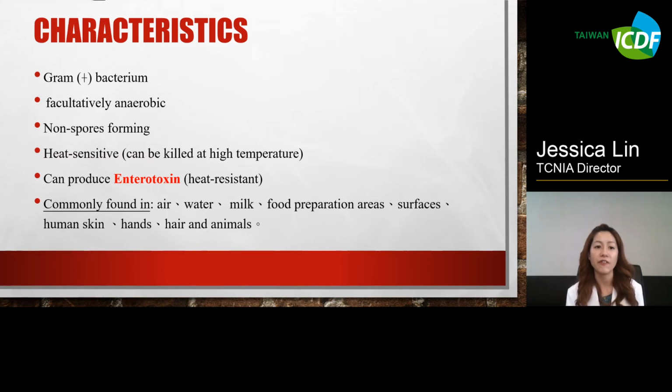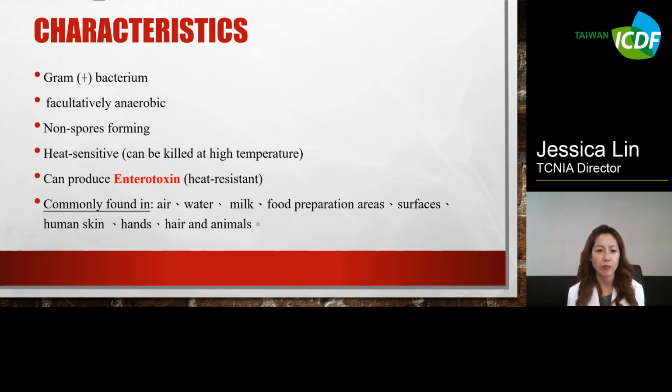They are facultatively anaerobic, meaning they can grow with or without oxygen. They are non-spore forming, and they are heat sensitive, meaning they can be killed at high temperature. So as long as you cook your food right, you can destroy Staphylococcus.